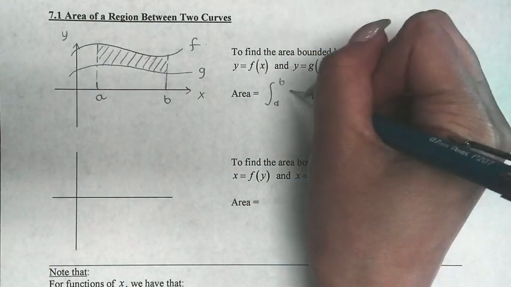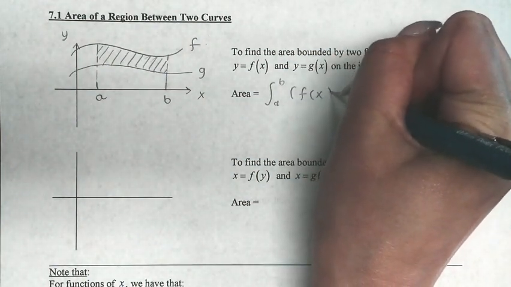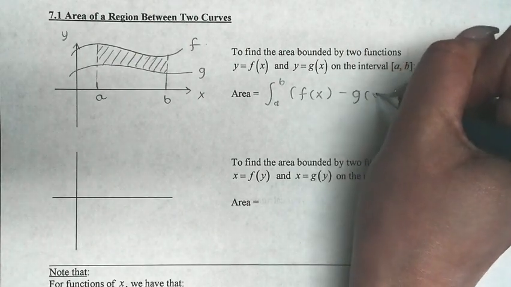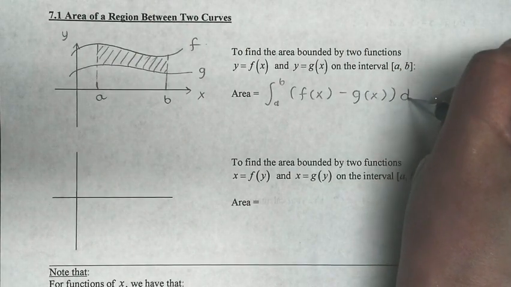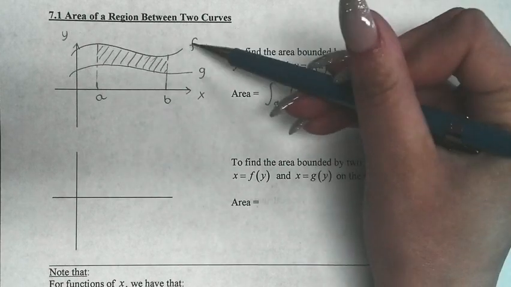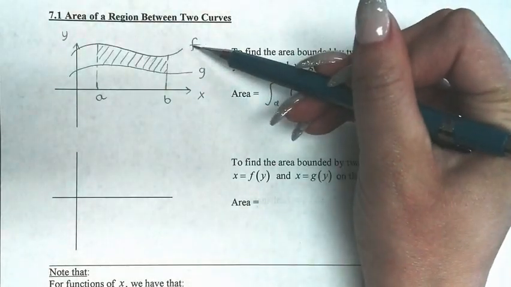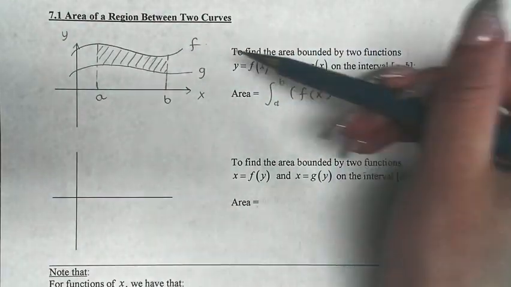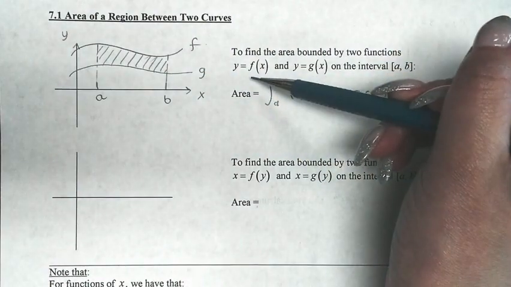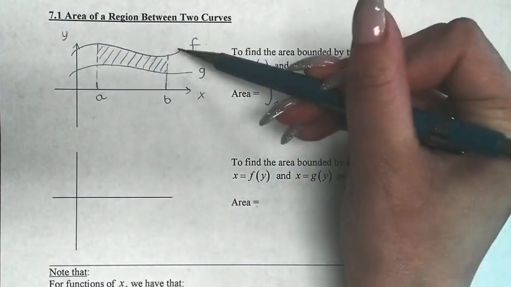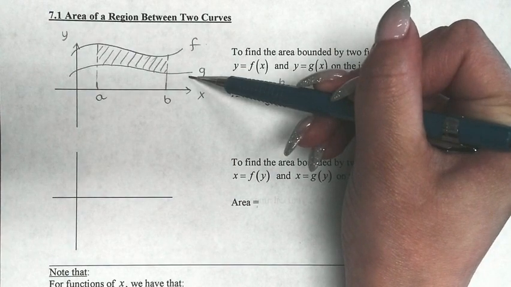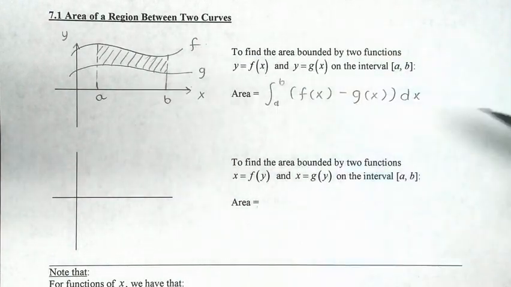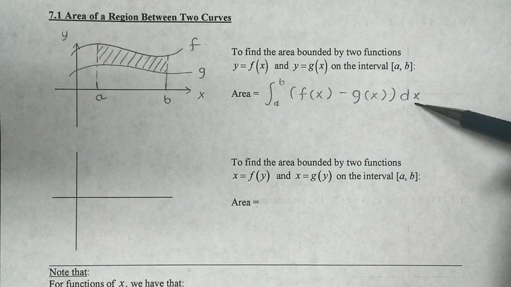It's going to be the upper function minus the lower function, dx, meaning whatever you have that represents f, it's going to be here minus whatever represents g. So it's always top minus bottom, top minus bottom. And this is with respect to x.